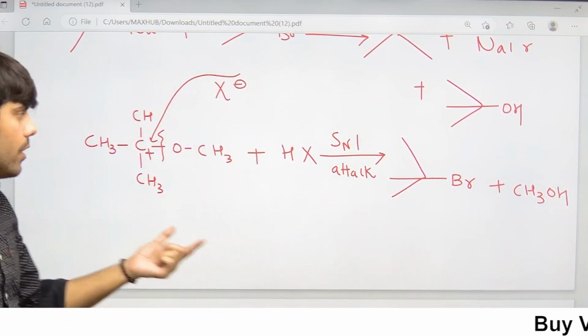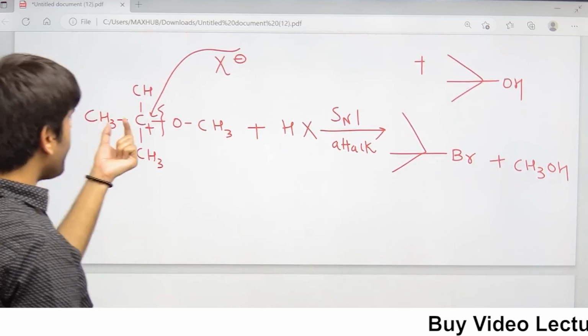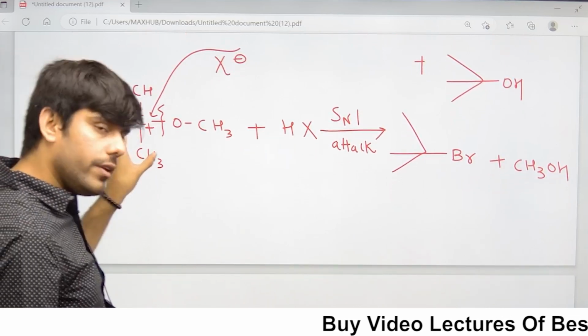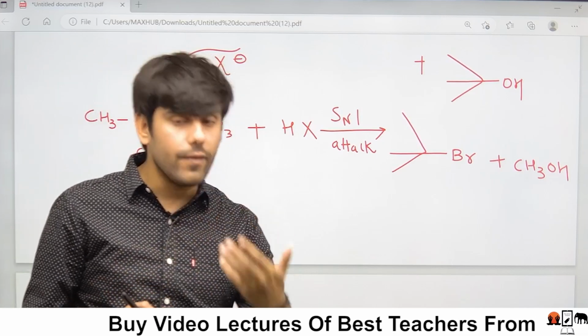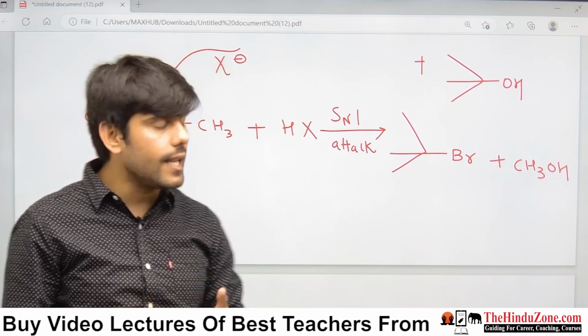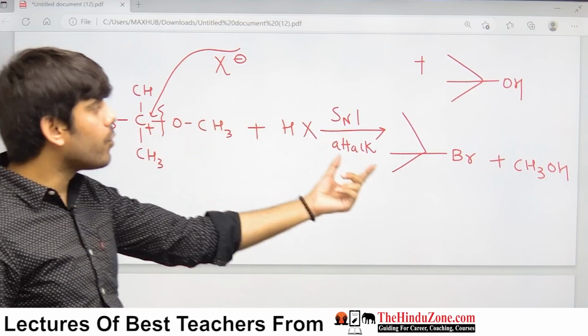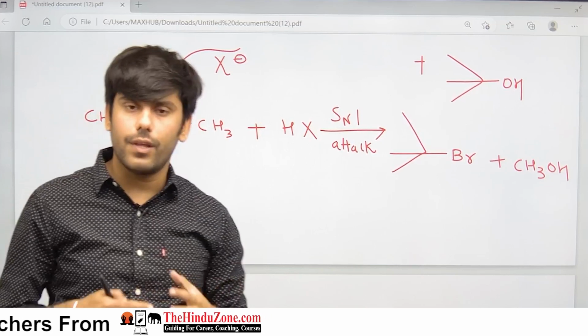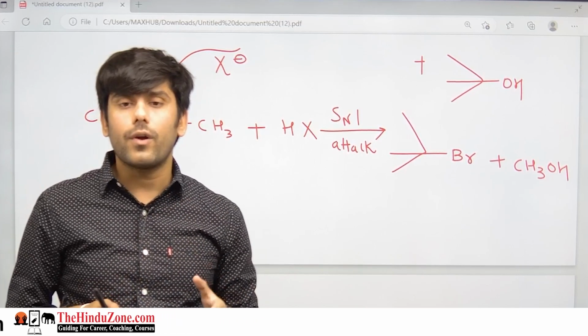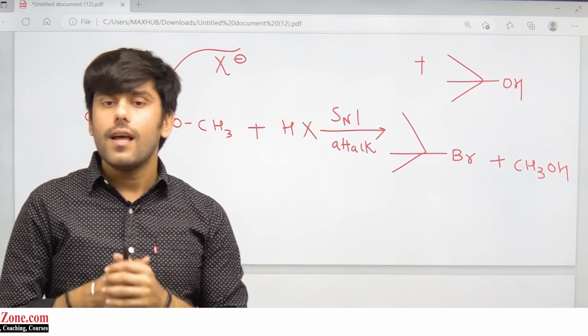But suppose in place of here we got a 3 degree carbocation, or even a more stable carbocation like benzylic, then we end up getting a product via SN1 attack. Otherwise, if you are getting a 1 degree carbocation or even a 2 degree carbocation, then SN2 attack is favored.